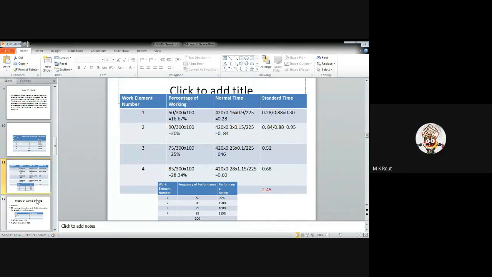Next, write down the theory of work sampling. Make an underline: theory of work sampling.